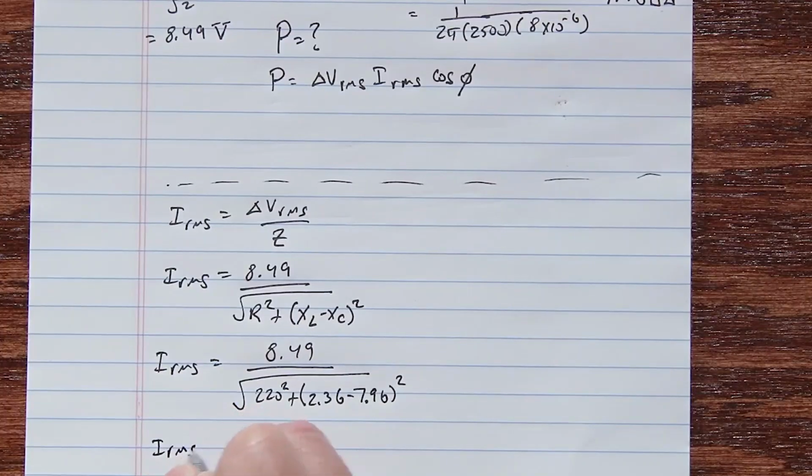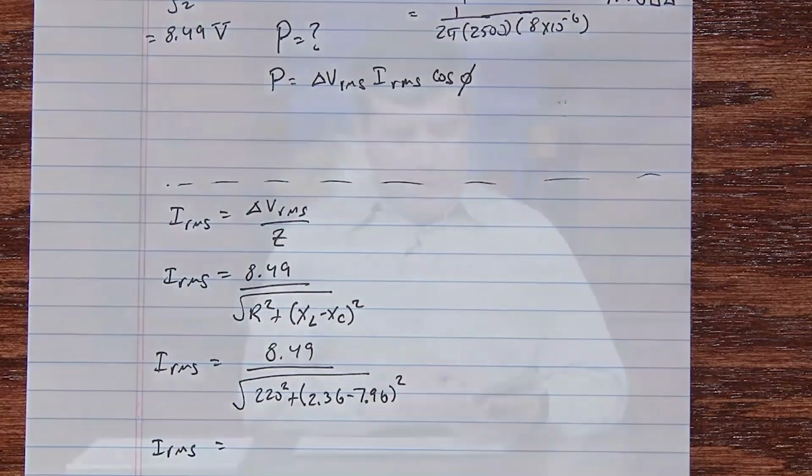I RMS is equal to 8.49 divided by the square root of 220 squared plus the quantity 2.36 minus 7.96, and that quantity is squared.